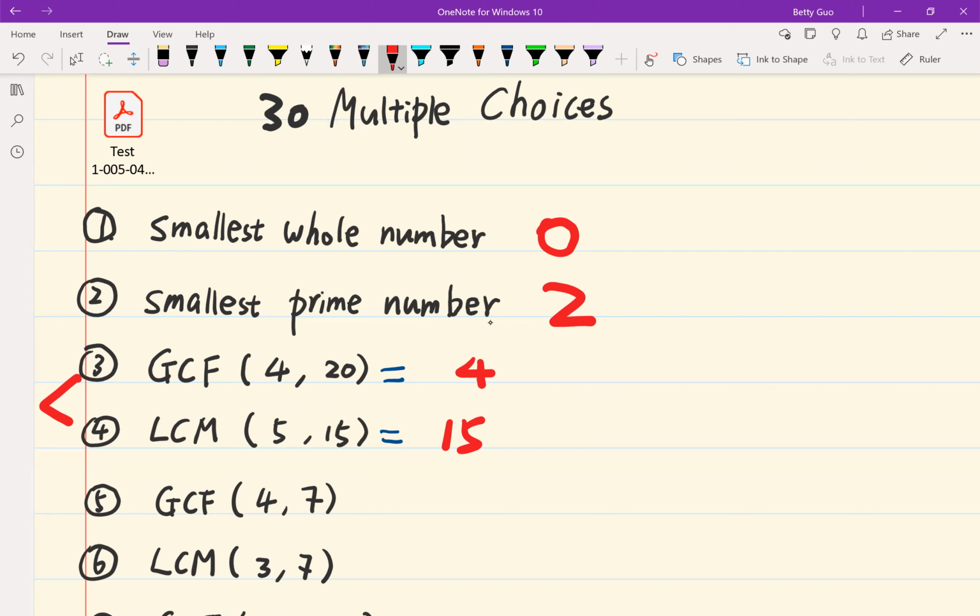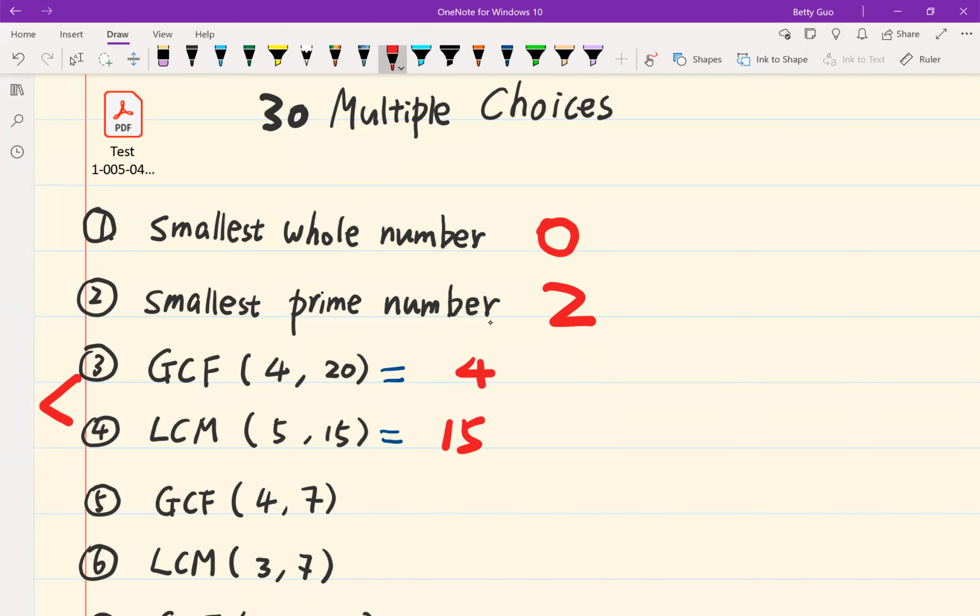That makes 15 the smallest common multiple of both. Special case number 1: the GCF is the smaller number, the LCM is the bigger number.